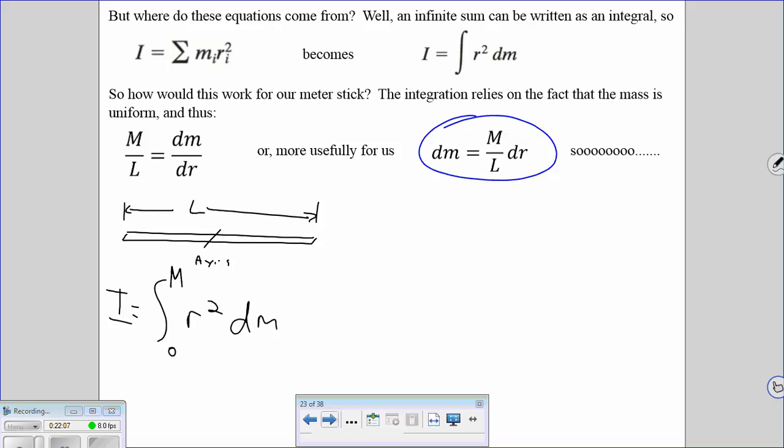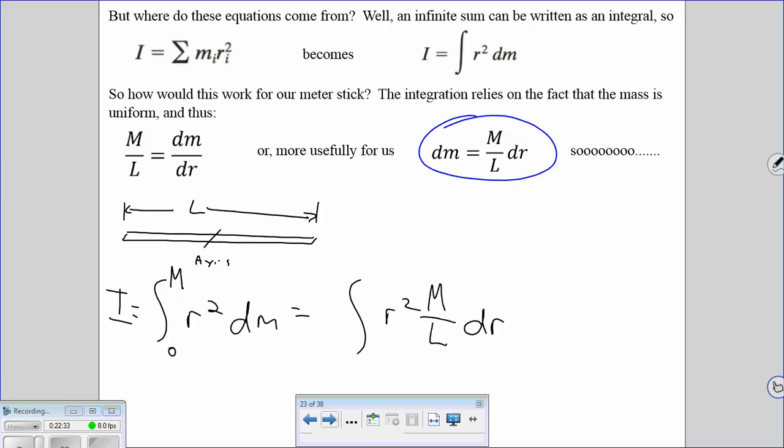Here, capital M represents the total mass of the stick. But what I can do is replace dm with m over L dr. So this becomes the integral of r squared, with dm replaced by m over L dr.